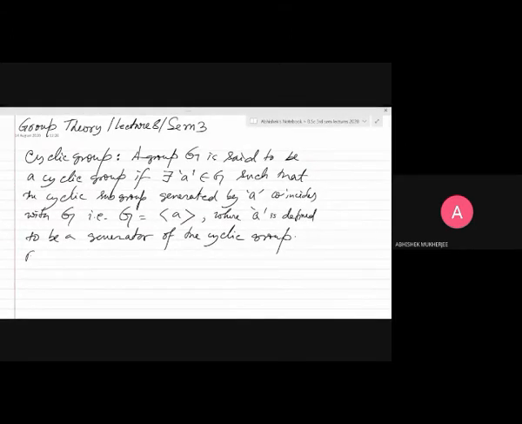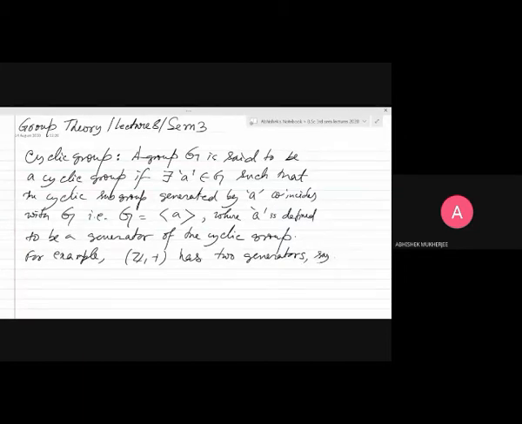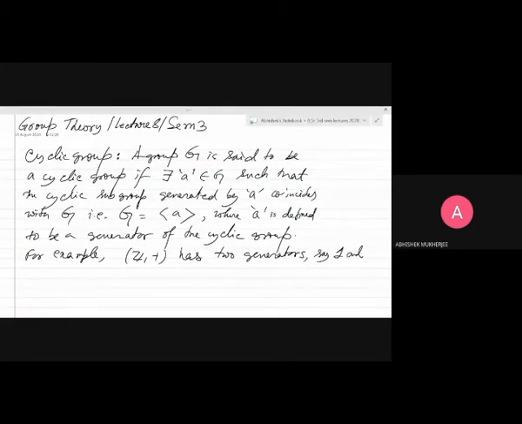For example, Z plus has two generators, say 1 and -1, right? 1 and -1.